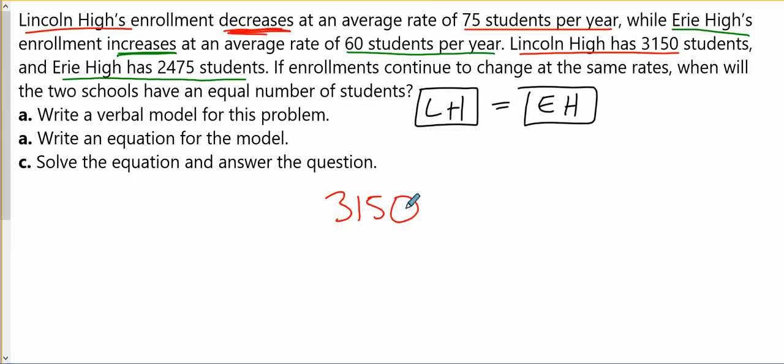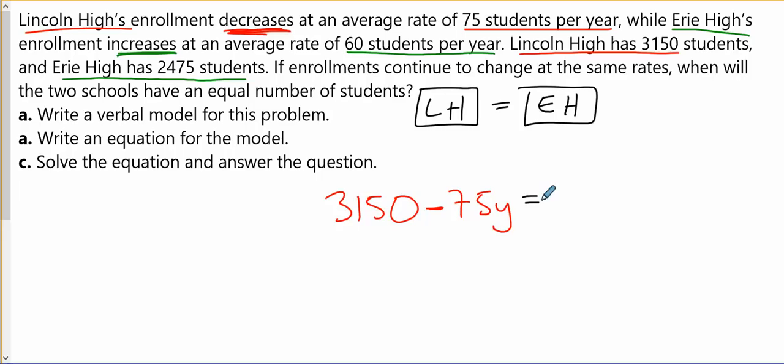Well, I start at 3,150 and I decrease by 75 students per year. If I'm decreasing, I'm subtracting 75 students per year. So let's say each y is 1 year. If I plugged in a 1, I'd subtract 75. If I plugged in a 2, 2 times 75, 150. I'd be subtracting 150, and so on.